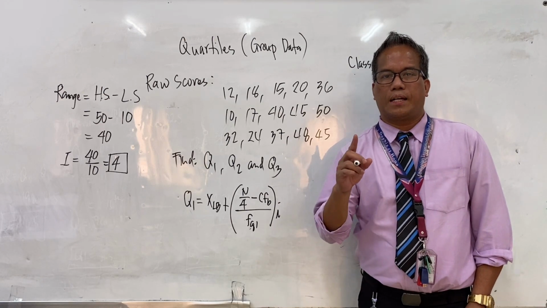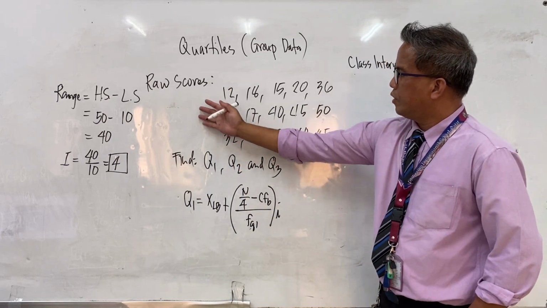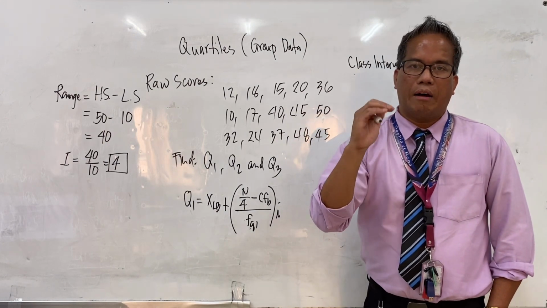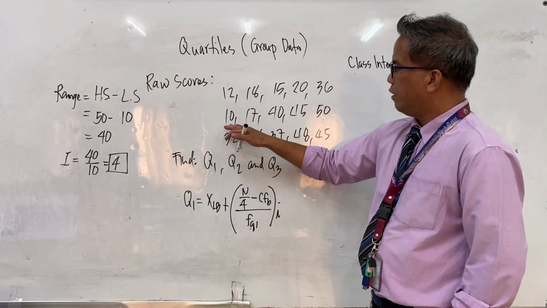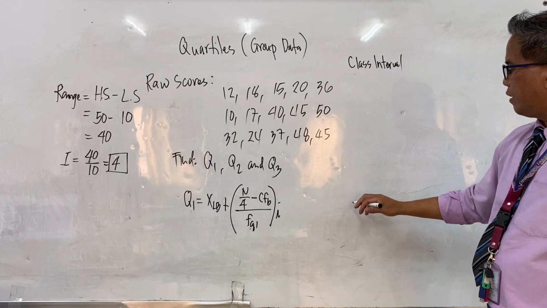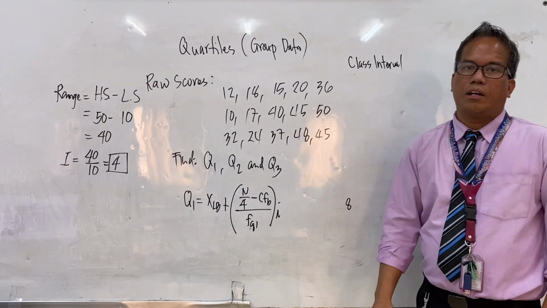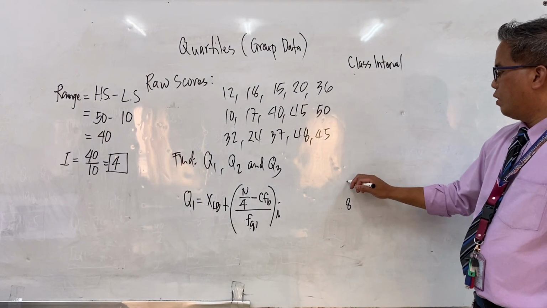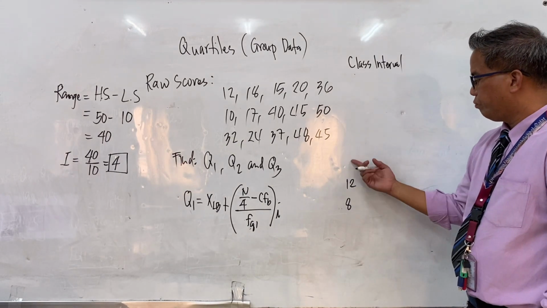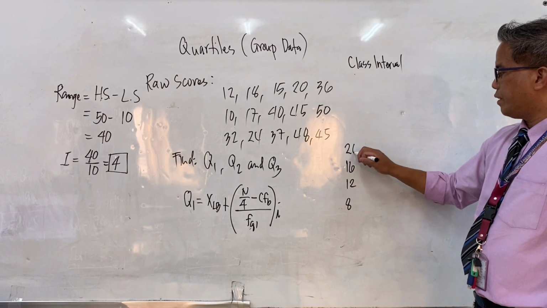If the class interval is not divisible by the lowest score in your data, you are going to find a number lower than the lowest score which is divisible by 4. So that is 8. So we are going to start at 8. Then plus 4 is equal to 12. Plus 4 is 16. Plus 4 is 20.